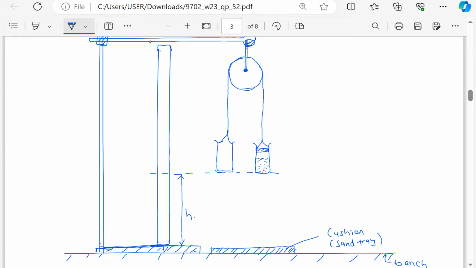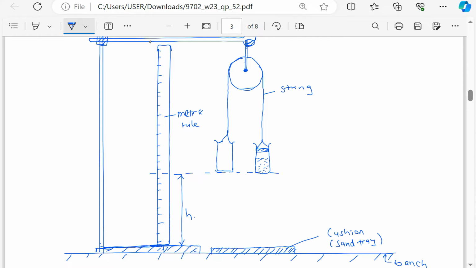To show that this is a ruler, I could put marks. But of course, those marks are not enough to show that this is a ruler. So I must mention that this is a rule or meter ruler, whichever you want. I can say it is a meter ruler, a meter rule.